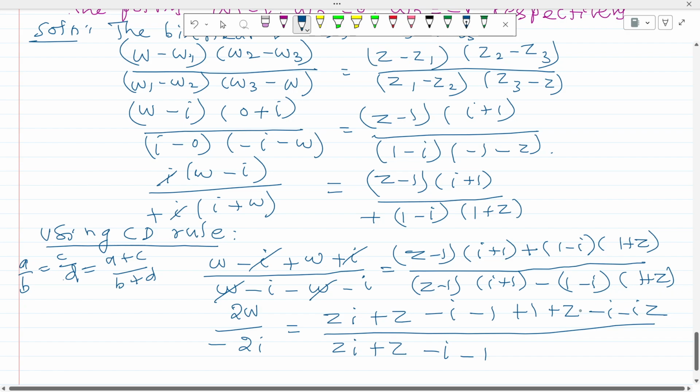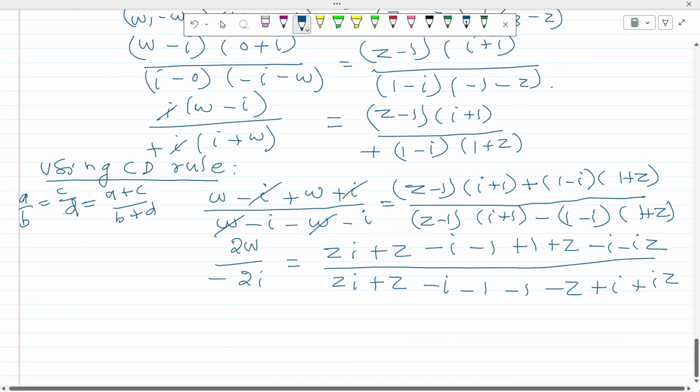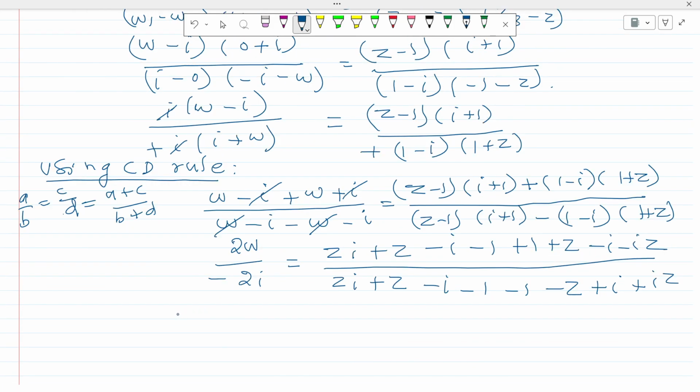Then whatever you have written here, you have to write minus. Plus 1 is minus 1 minus Z plus I plus IZ. Is it not? Okay.